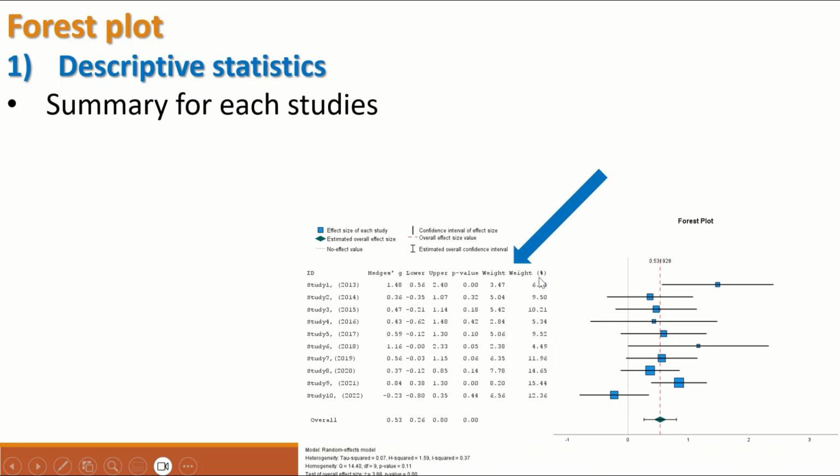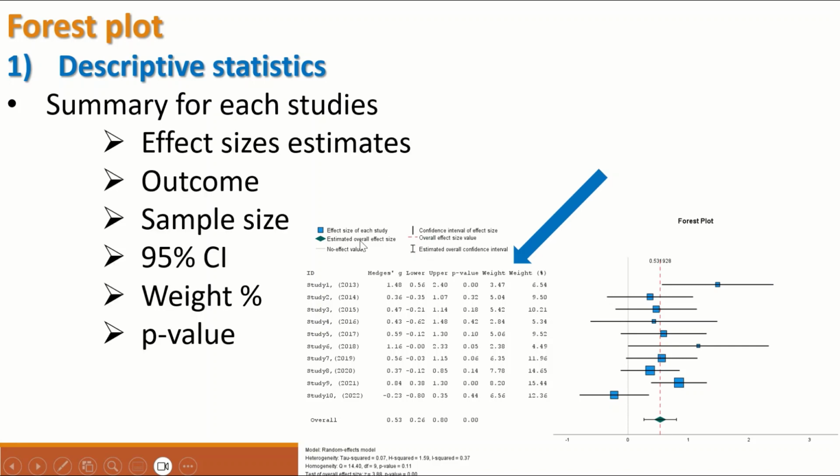The weight percentage reflects the size of the sample or the number of participants, and larger samples will have higher weight percentage. So the summary for each study is shown here, and as described, effect size for each study with the sample size, which is not listed here but could be added, the 95% confidence interval, the weight percentage, and the p-value. This is the first part of the forest plot, which is the descriptive statistics.